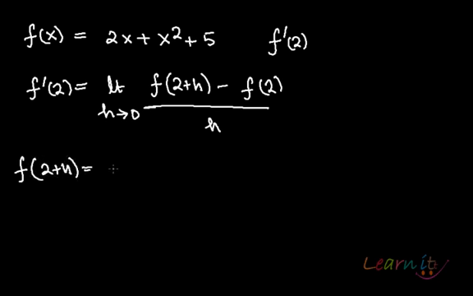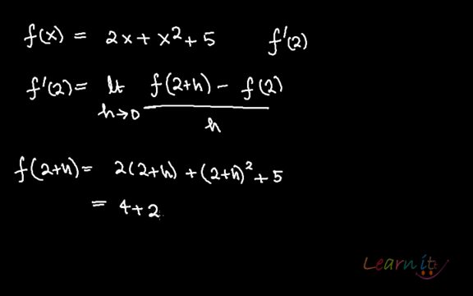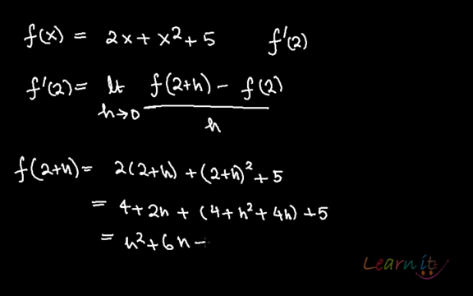Wherever x is, you will just write 2 plus h: 2 into (2 plus h) plus (2 plus h) square plus 5, which is equal to 4 plus 2h plus 4 plus h square plus 4h plus 5. Once you simplify this, it is h square plus 6h plus 13.